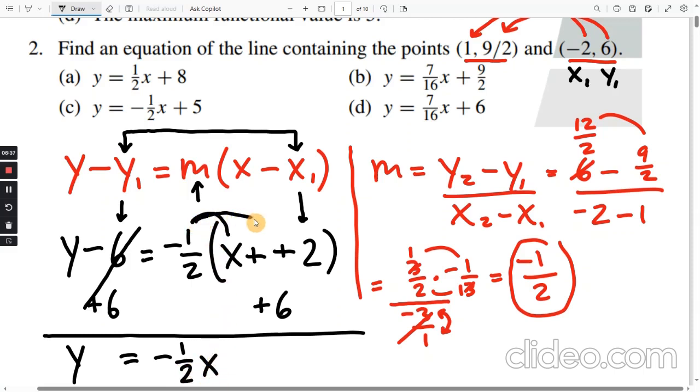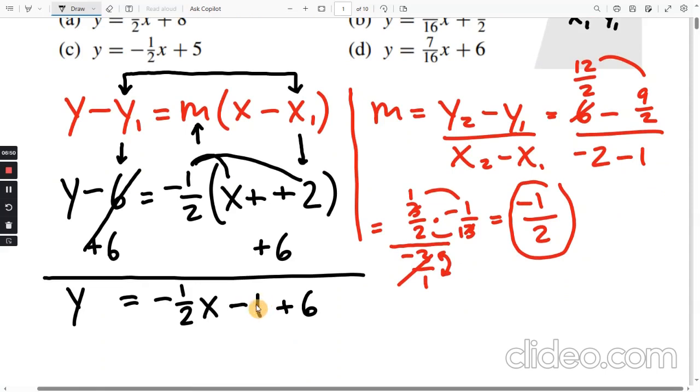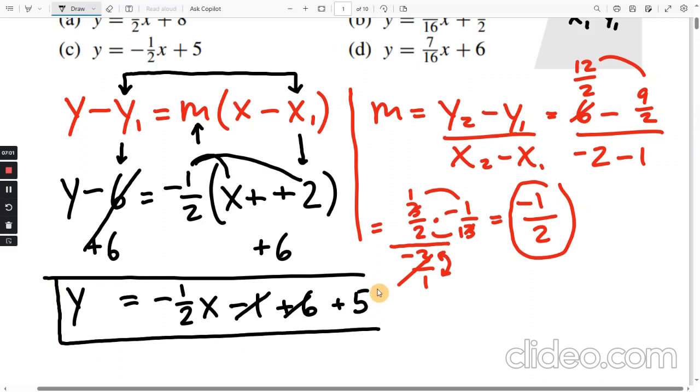Negative 1/2 times 2. Well, half of 2 is just 1, but it's a negative. So that's going to be negative 1. And then plus 6. And of course, negative 1 plus 6 is positive 5. So that's your answer right there. Negative 1/2 x plus 5. And that is answer C.